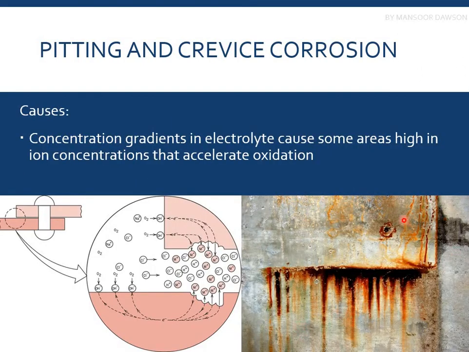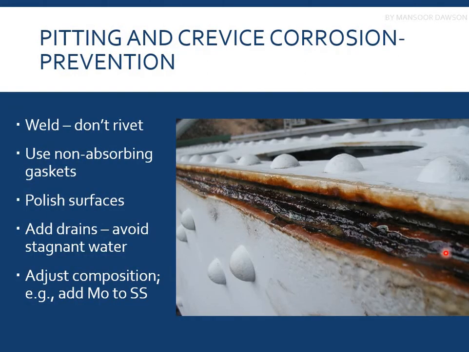Next we have pitting and crevice corrosion. The principles of both corrosions are the same, but the concentration gradient in the electrolyte causes some areas to have high ion concentrations that accelerate oxidation. If you have a very small crevice or small opening, as you can see here, water or a corrosion medium can get stuck for days and days.